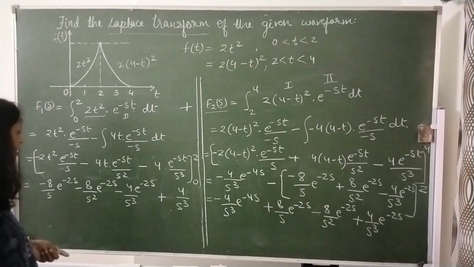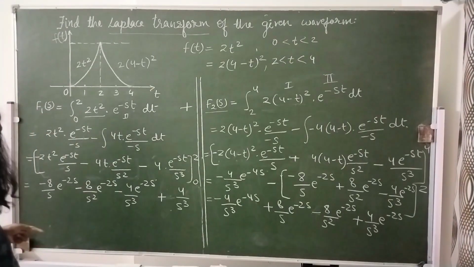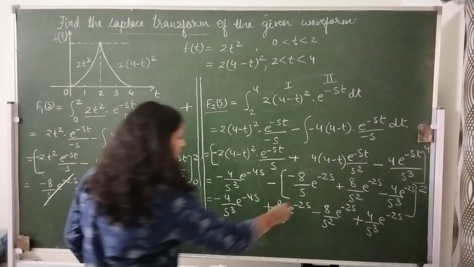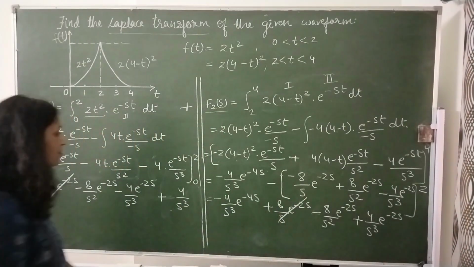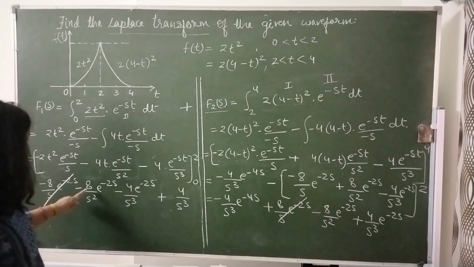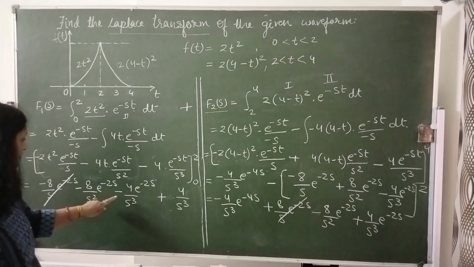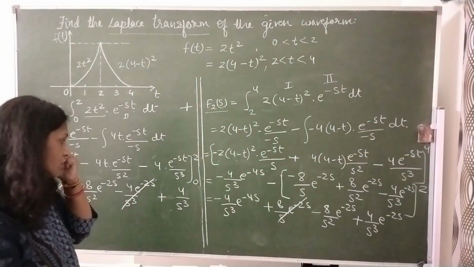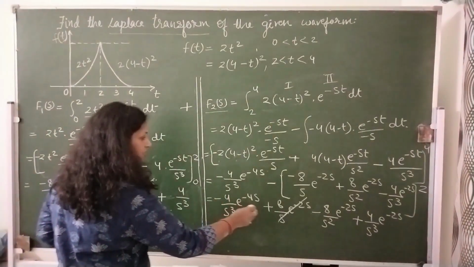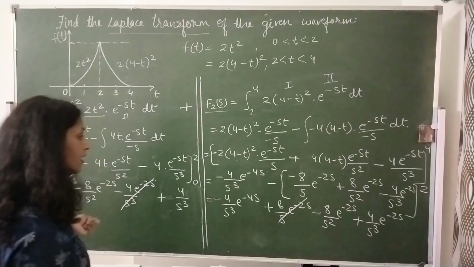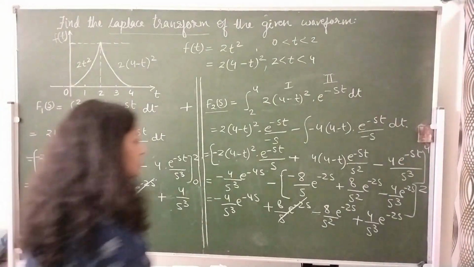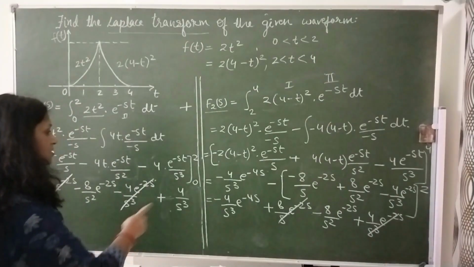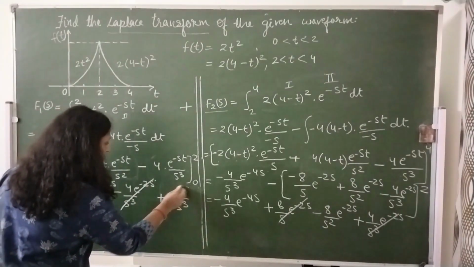Now check the terms, they are cancelled. This 8 by s will be cancelled because of plus and minus sign. This will remain as it is. This s cube term will be cancelled by this 4 by s cube. Only these terms are left, so write them down.